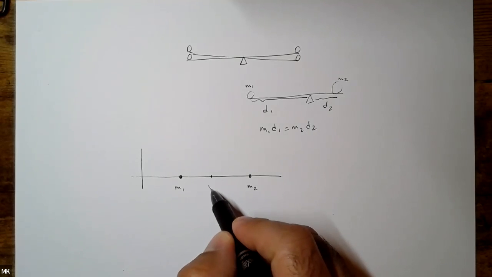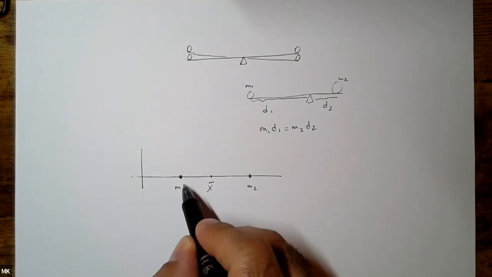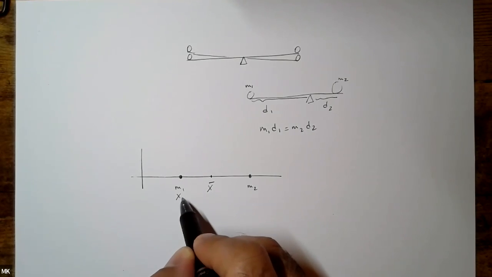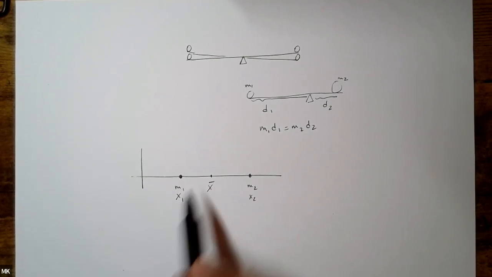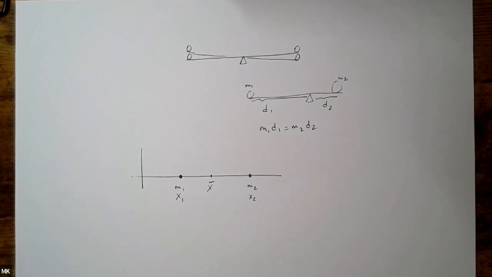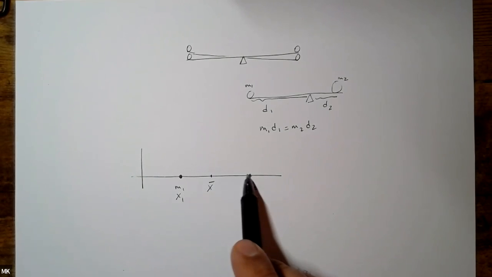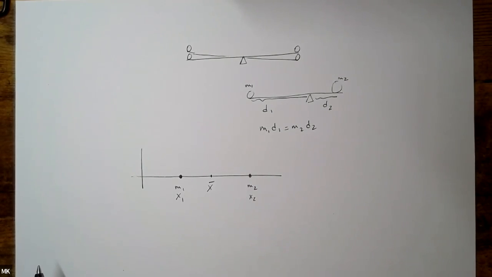Let's call this x bar. So m1 is at x1, m2 is at x2, and x bar would be the center of mass. If I had a bar going from here to here, that would be creating a center of mass there.